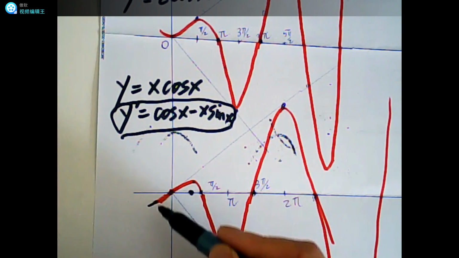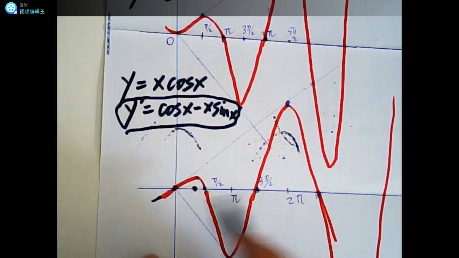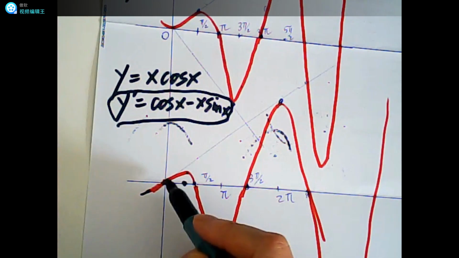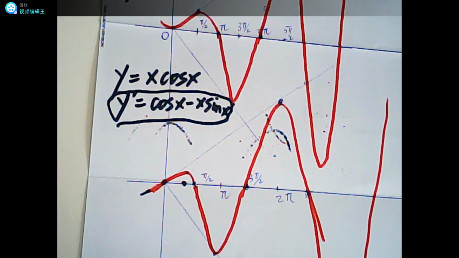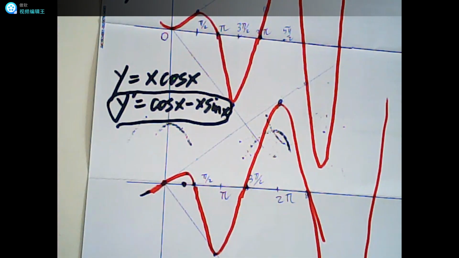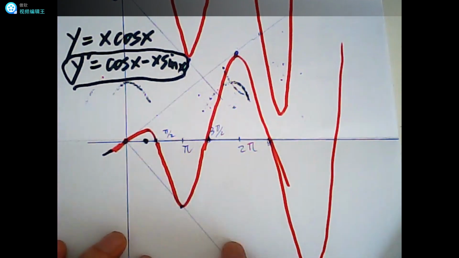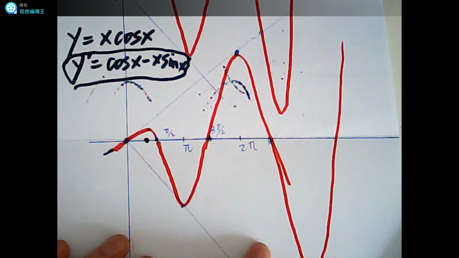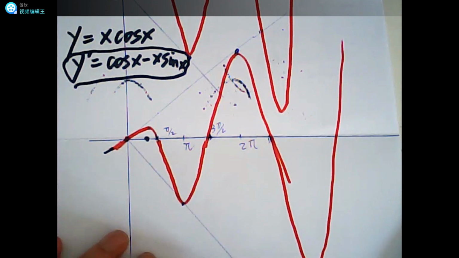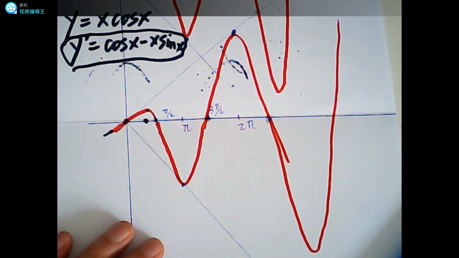Then the function is symmetrical with respect to the origin. Now let's take a look at the picture from the internet.